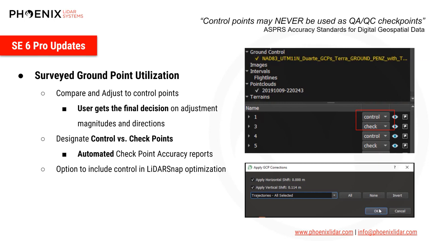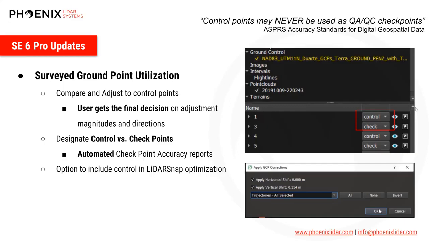Basically, first SE will run an automatic comparison between control, or those points designated as control, and your point cloud data, then report that offset to the user. The user can then decide how to proceed if they want to minimize the difference by adjusting their cloud in any direction.